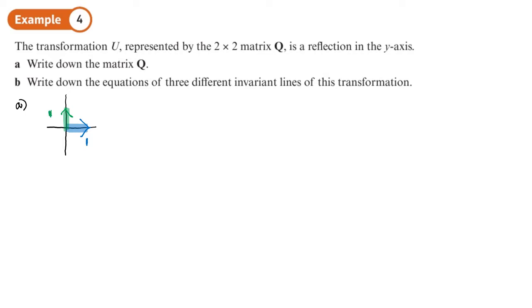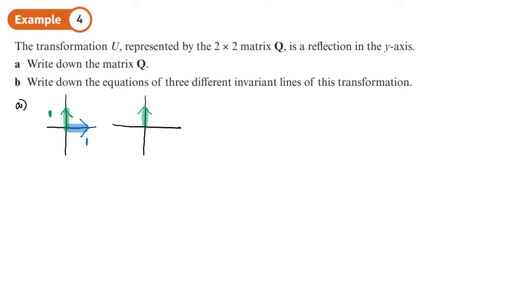Now, if it's a reflection in the y-axis, I'm going to do a fresh diagram here. If it's a reflection in the y-axis, the green arrow doesn't move, so I'm going to keep it in green and keep it there. So this is a reflection in the y-axis. Now, what happens to the blue arrow?